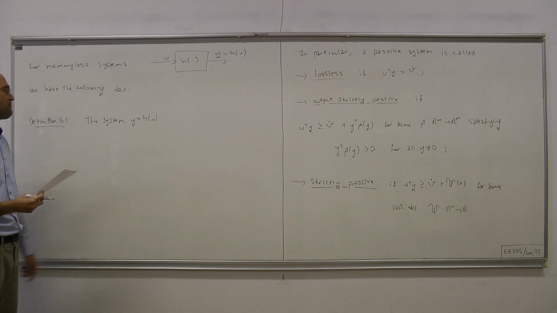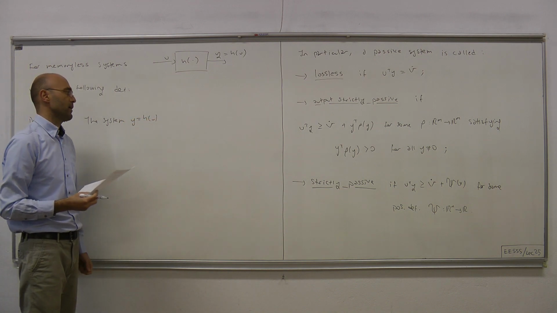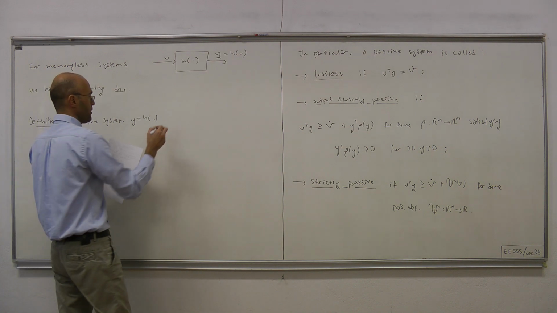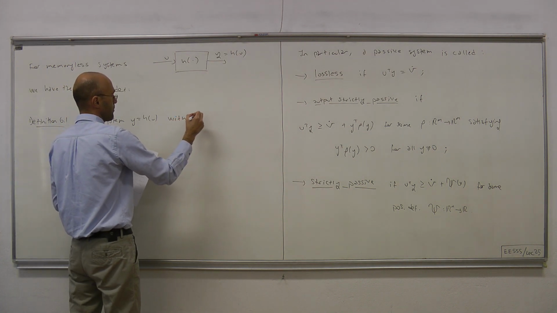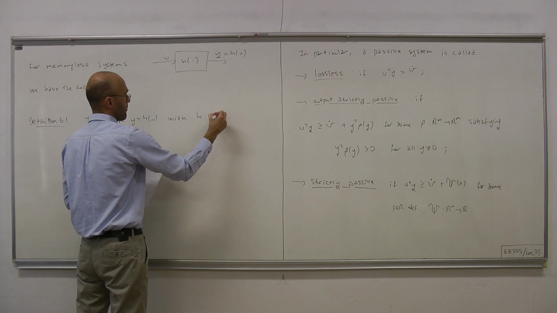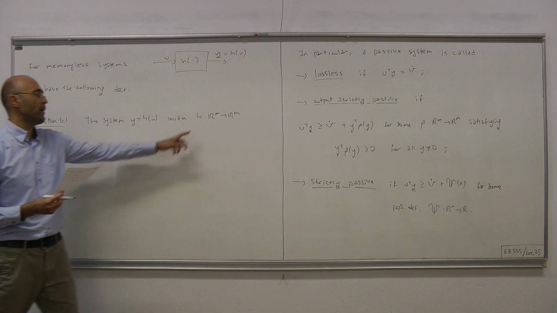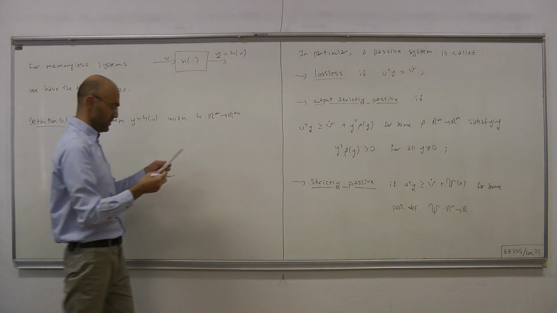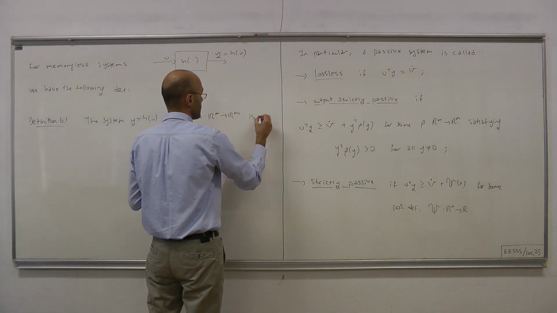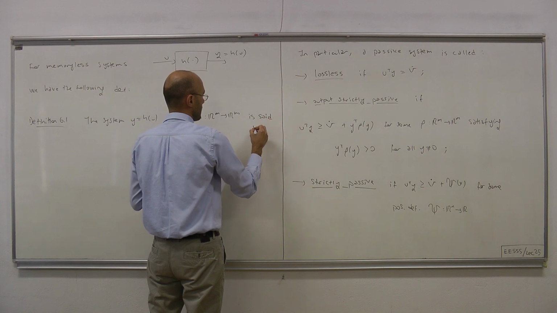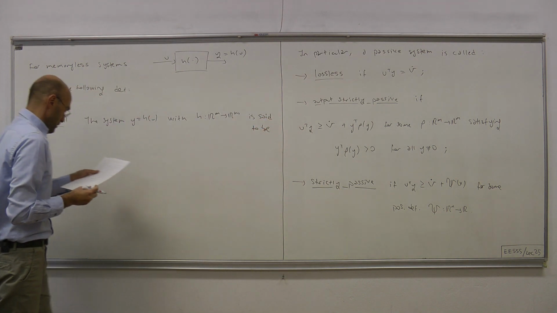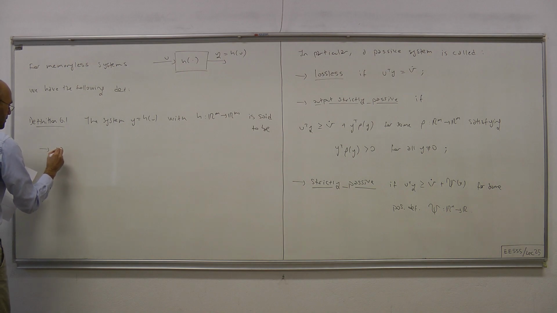Or memoryless system, or the mapping y equals H(u), where H is a mapping from R^n to the same space, is said to be passive.